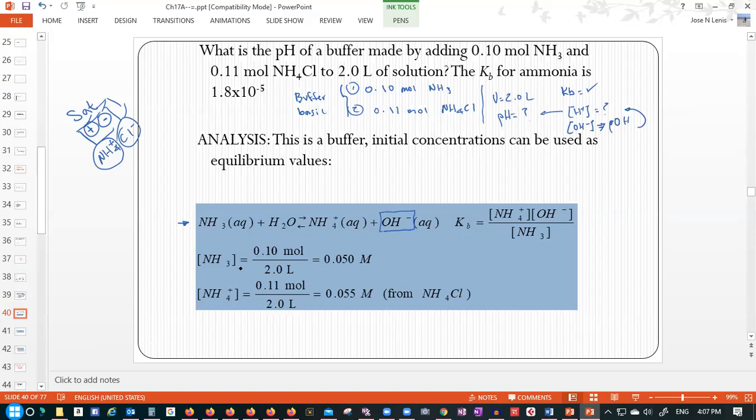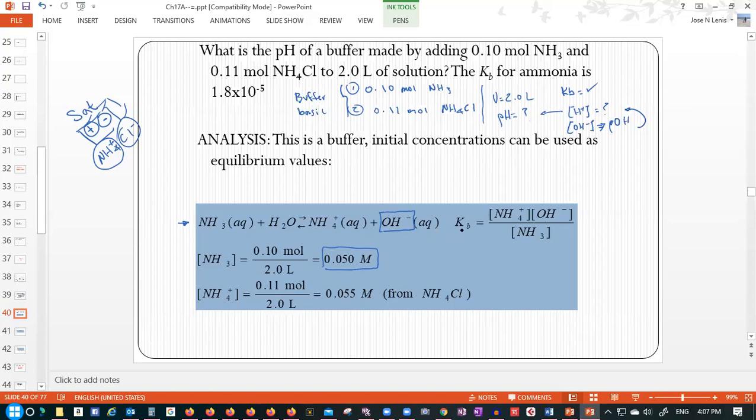We found the concentrations. Actually, we are going to do it. Molar concentration, the one I just said here, moles divided by liters to give the molar concentration, 0.050 molar. And similarly, we do moles of the salt over 2 liters to give 0.055 molar from the ammonium chloride. So we can plug over here.